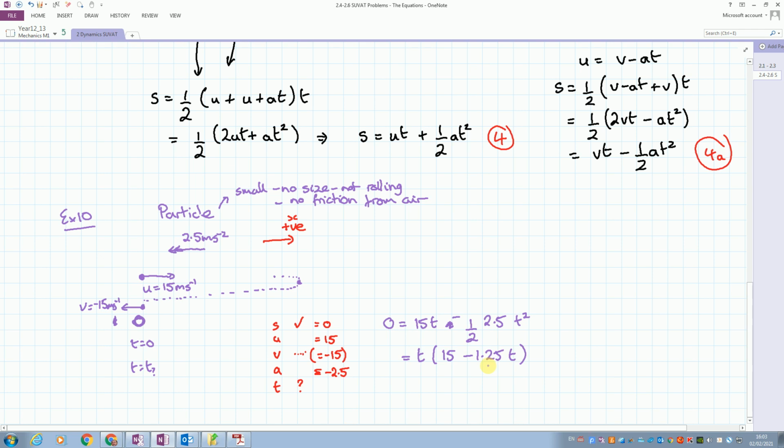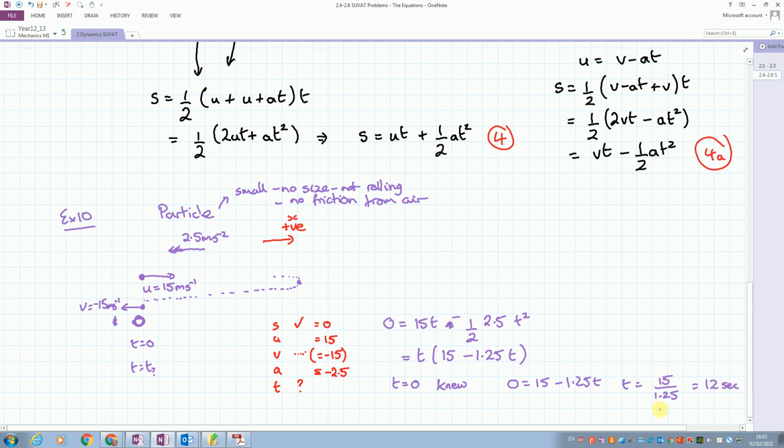And that means we can now calculate the first value, t equals 0, which we knew. That's the time I'm now setting up here. That's when it's going that way at 15 meters per second. When we say that 0 equals 15 minus 1.25t, so t equals 15 over 1.25, that's going to be 12 seconds.